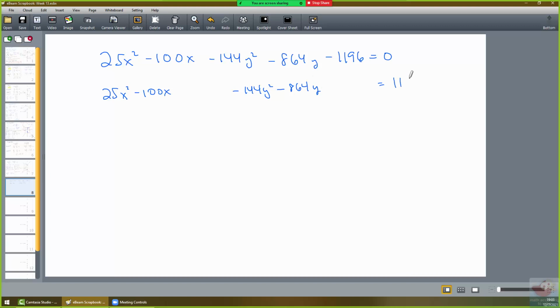I'm going to move that 1196 to the other side. Notice from the x terms, I could factor out a 25. From the y terms, I could factor out a negative 144.